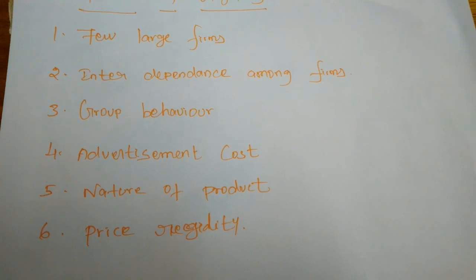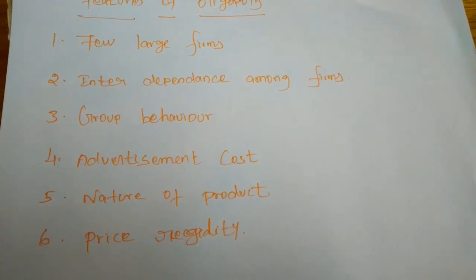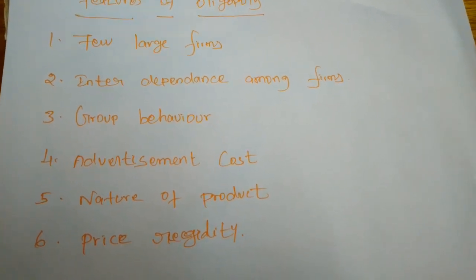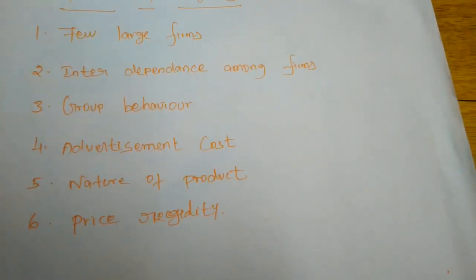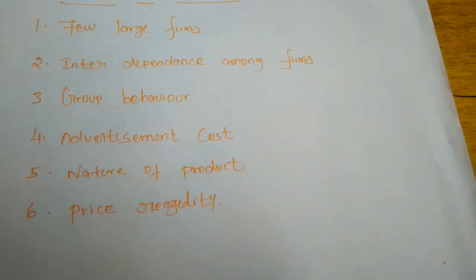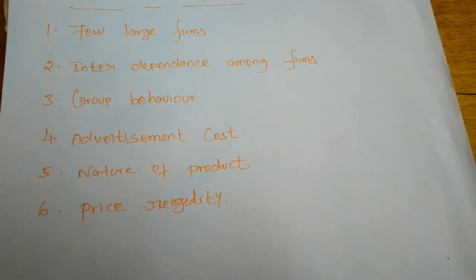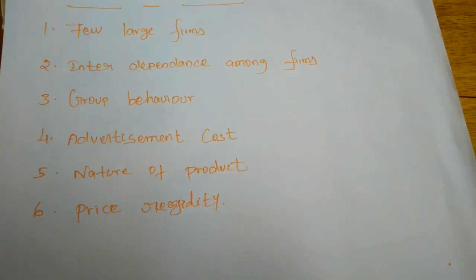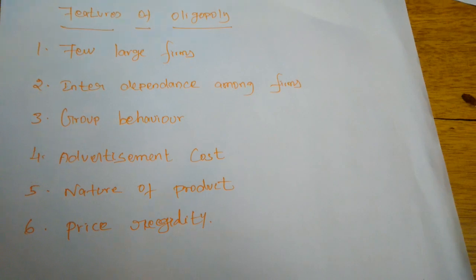So the price also will be rigid. If they want to change the price of their commodity, it must be independent of their rival firms. So these are the six features of the oligopoly market.